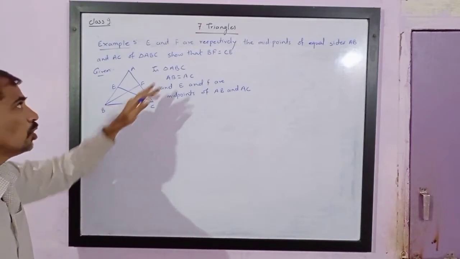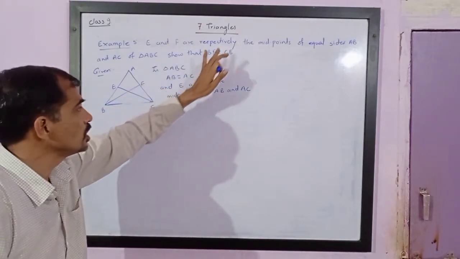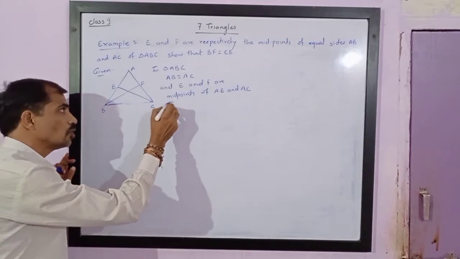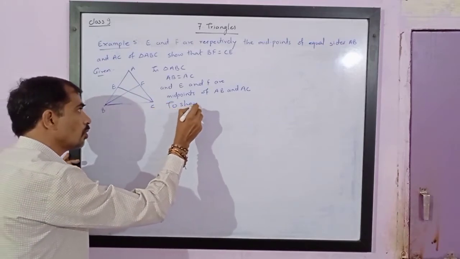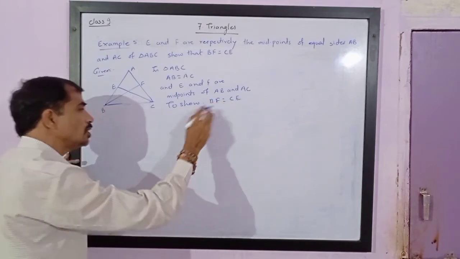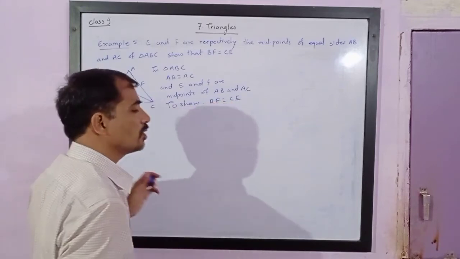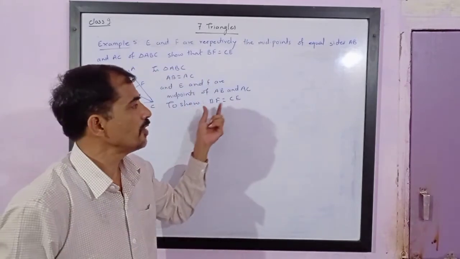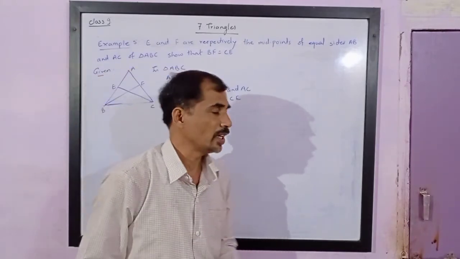We are asked to show that BF is equal to CE. Please note, in order to show BF is equal to CE, we have to consider two triangles in such a way that BF and CE are sides of the triangles.